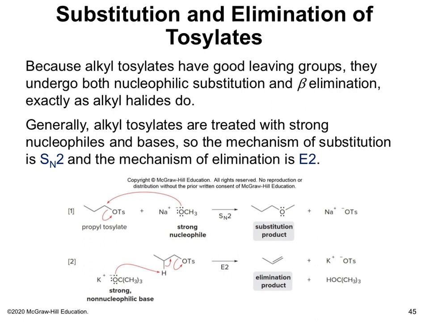Whenever you do substitution or elimination of tosylates, you need to think about the mechanism here. This is a strong nucleophile and this is a primary tosylate. So that's going to be an SN2. And so you see that SN2 substitution, and you make an ether. This is the Williamson ether synthesis.